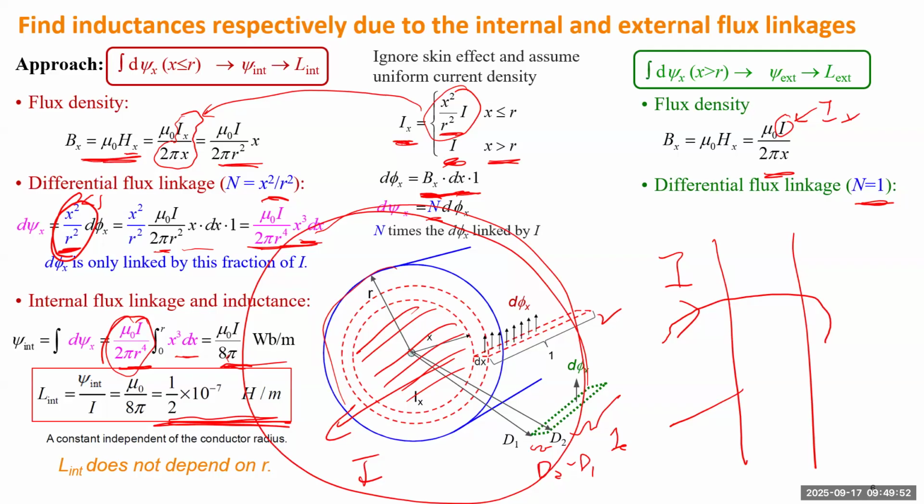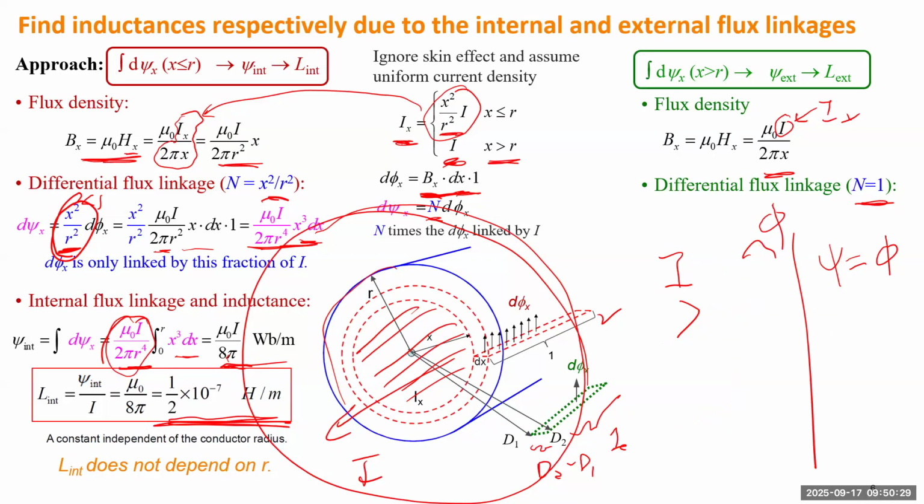We only study the conductor as a cylinder, so it's only coupled with the magnetic flux phi. So the flux linkage psi is exactly phi, because it's equal to phi multiplied by 1, with N equal to 1. This is the case for external. So for external, we treat psi to be the same as phi. They're basically the same, because the current is coupled with phi only once. But inside, that's very tricky.